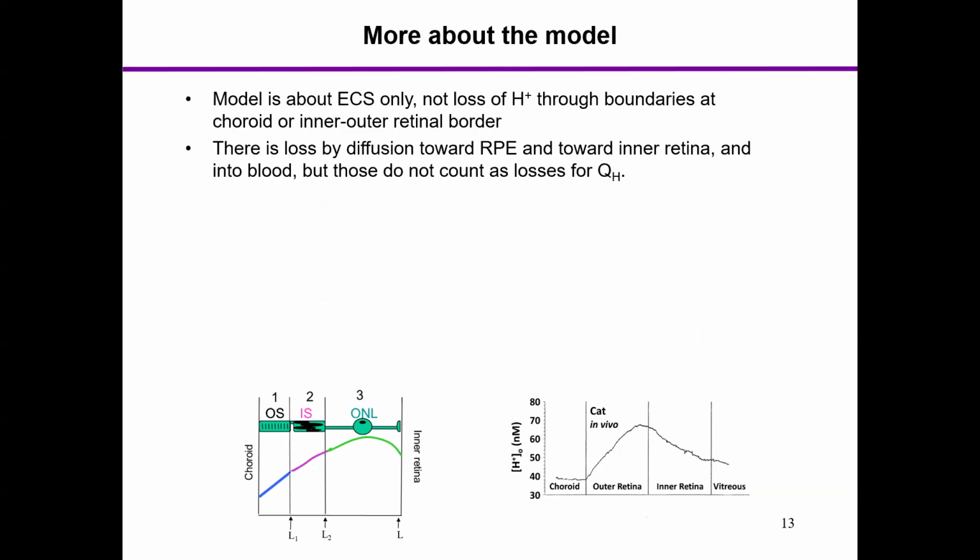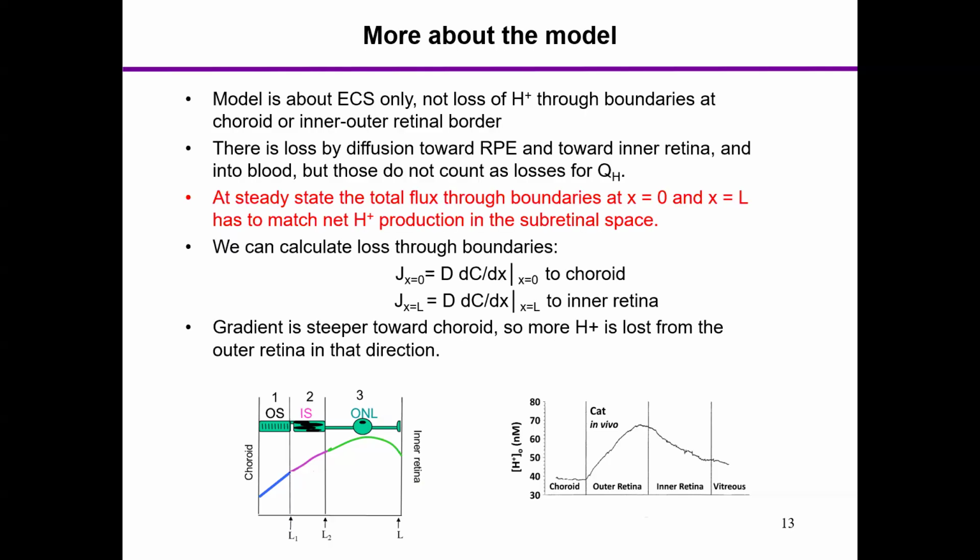The model is only about the extracellular space, and it doesn't reflect the losses of hydrogen ion through the boundaries of that extracellular space, so across the RPE or into the inner retina. And there is loss of the hydrogen ion in both of those directions, as the gradient shows. At steady state, that net production has to be equal to the total flux through those two boundaries.